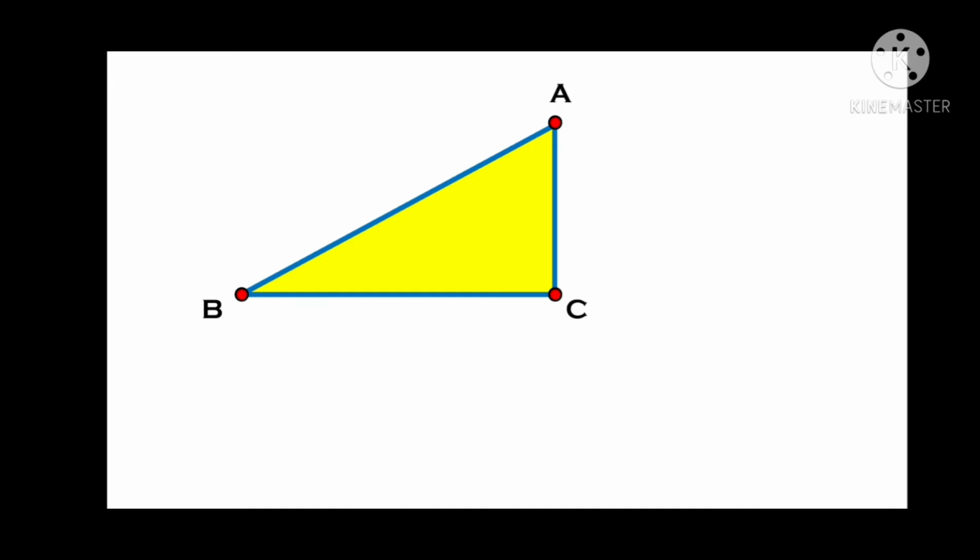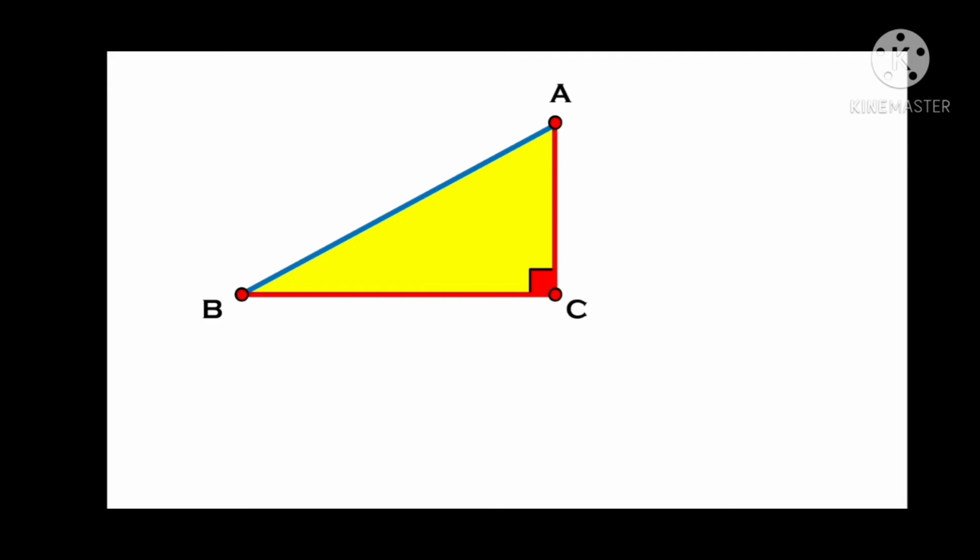Now let's consider a right angle triangle ABC, right angled at the point C. Since it is a right angle triangle, AC will be perpendicular to BC. Now if we consider this line segment AC, it is the perpendicular segment from A to the opposite side BC.